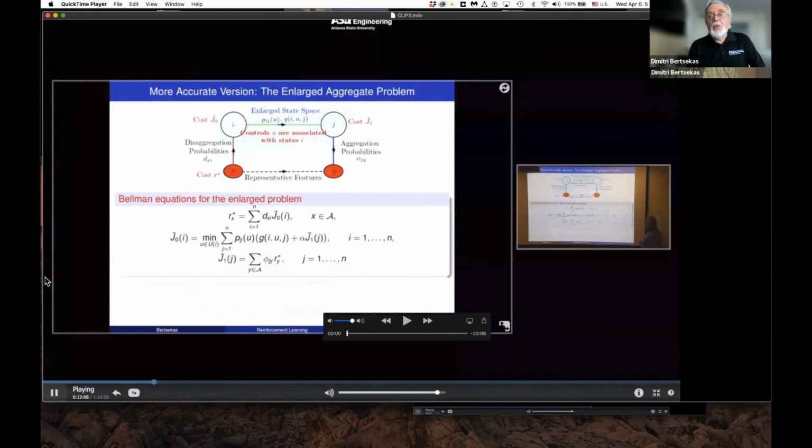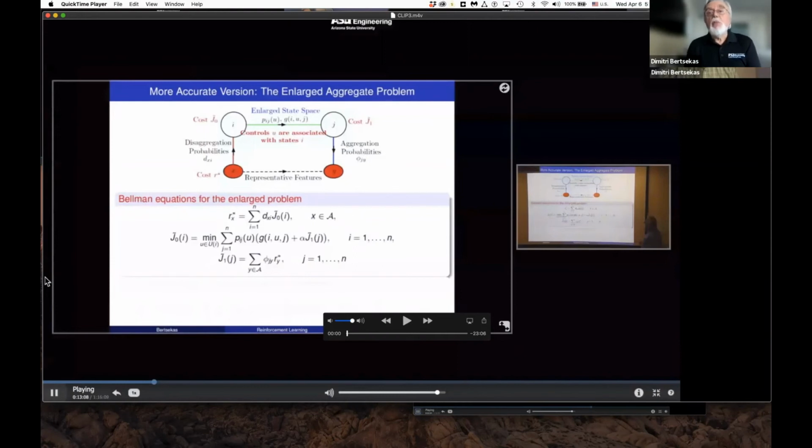And we saw two different types of aggregate states, representative states, which is the easy case. Each representative state is itself a single state of the original problem.